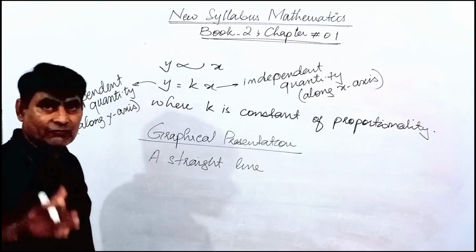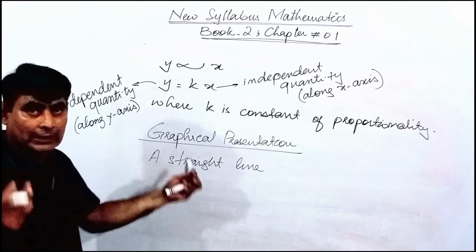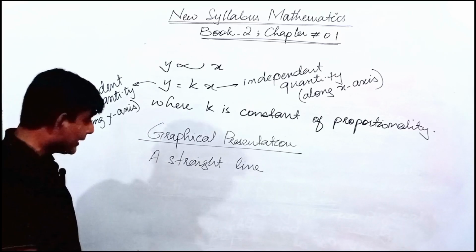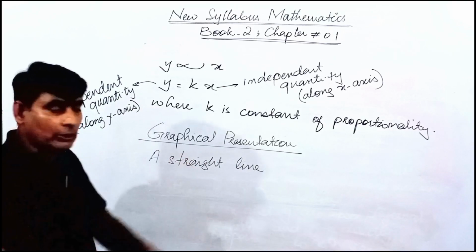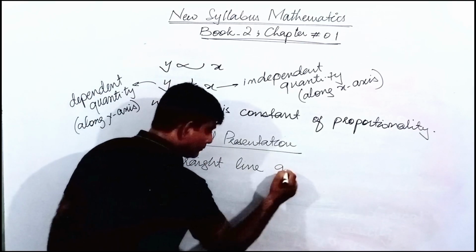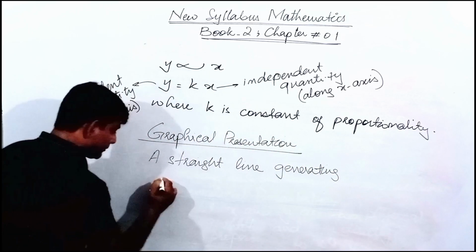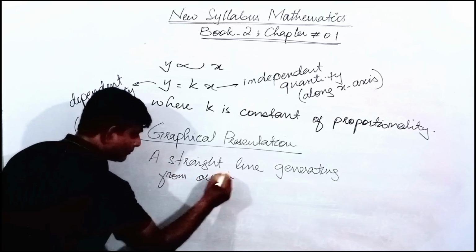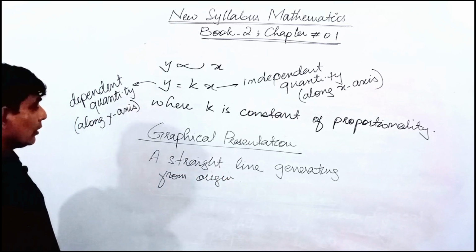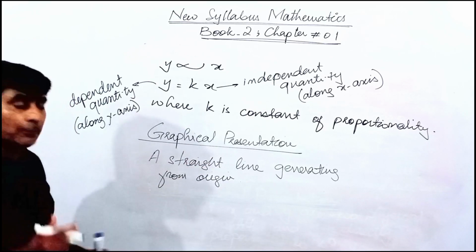There are different types of lines: straight line, curved line, circular, parabolic, hyperbolic, elliptical. But over here we consider a straight line generating from the origin. It will show the graphical presentation of direct proportionality.